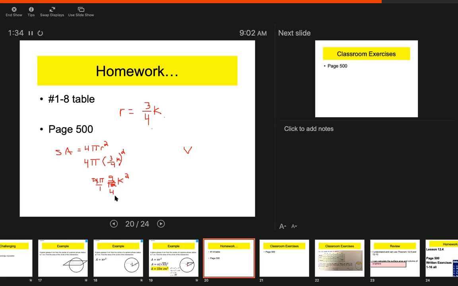So pi times 9 is 9 pi over 4 k squared. So we get 9 pi k squared all over 4, and that is the answer to number 4.